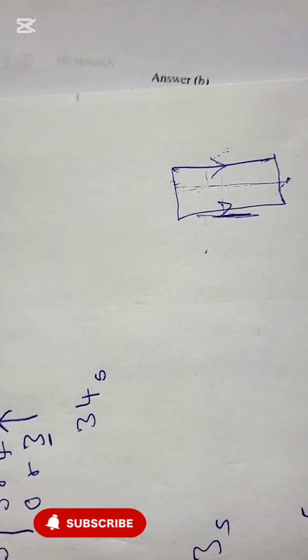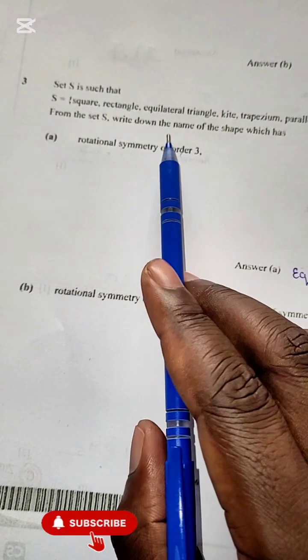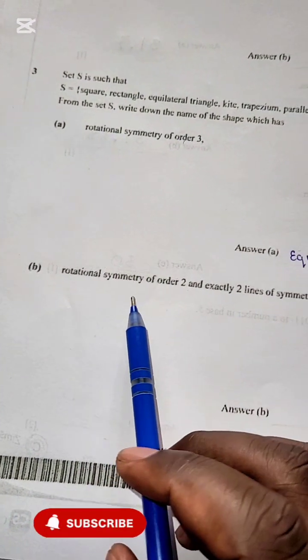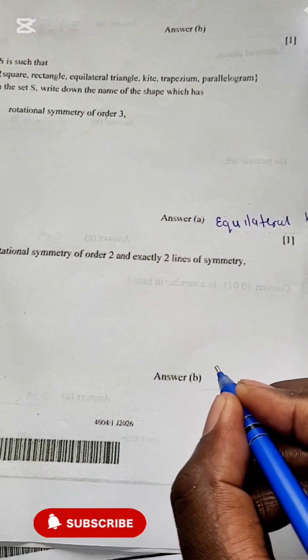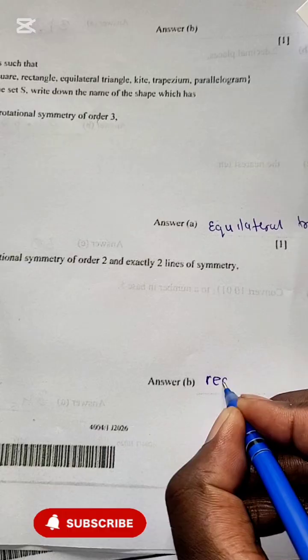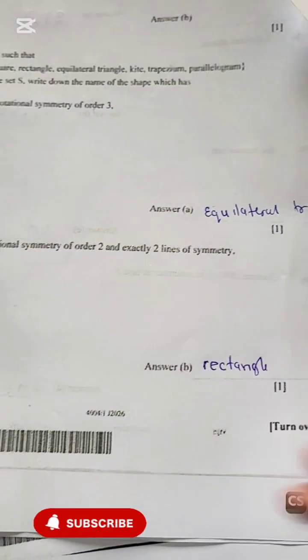Lines of symmetry are lines that can cut any shape into two equal parts. So from our sets, the rotational symmetry order of 2 and 2 exact lines of symmetry, it's our rectangle. Are we together? All right.